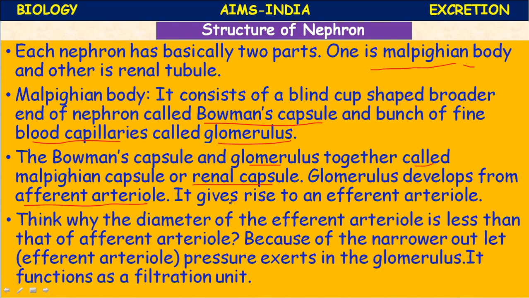Think about why the diameter of the efferent arteriole is less than that of the afferent arteriole. Because of the narrower outlet, the efferent arteriole, pressure is exerted in the glomerulus.